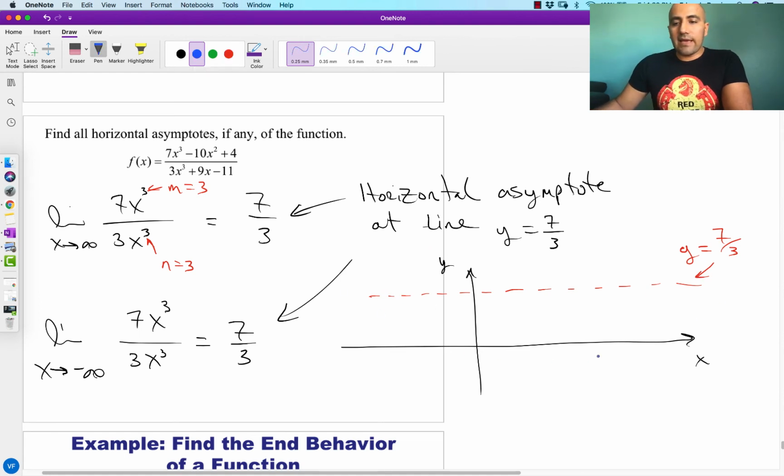I know that as I input very large numbers, my function is going to get infinitely close to this line. It might approach it like that as x grows toward infinity, or it might approach it from the top down, or it might get smaller and smaller. I don't know, but I know that it just gets infinitely close to that line in both directions.